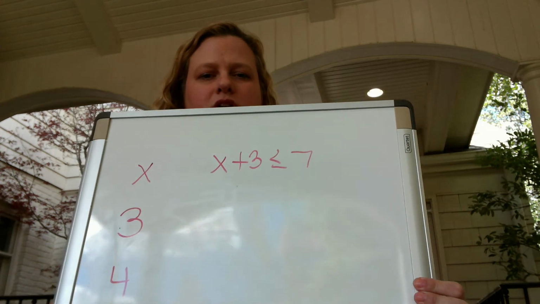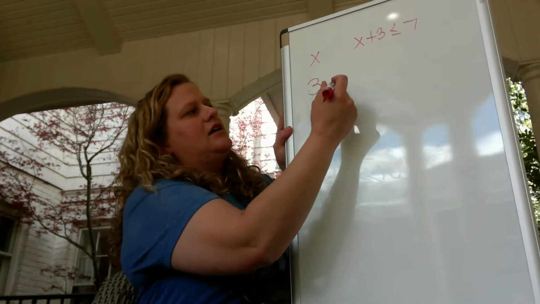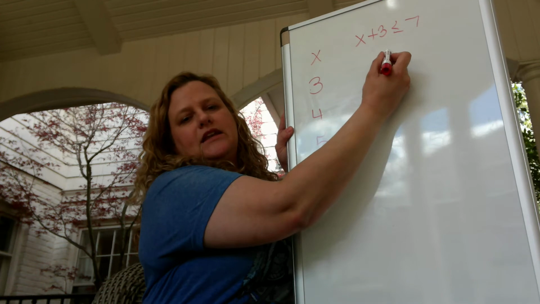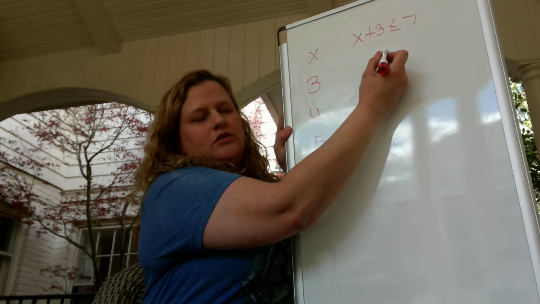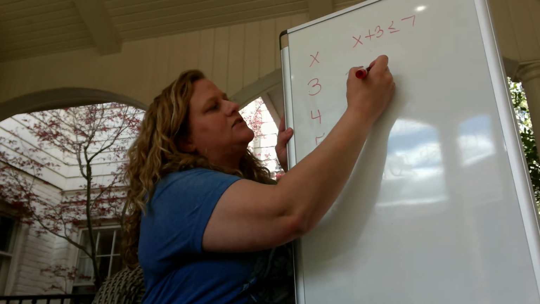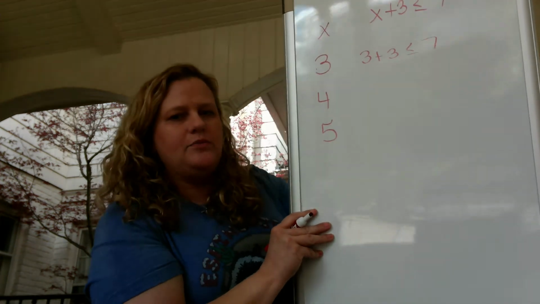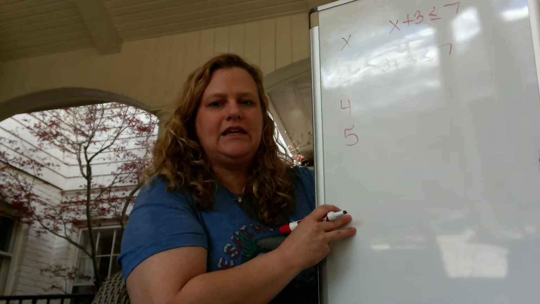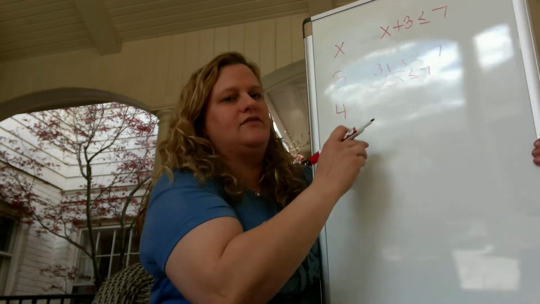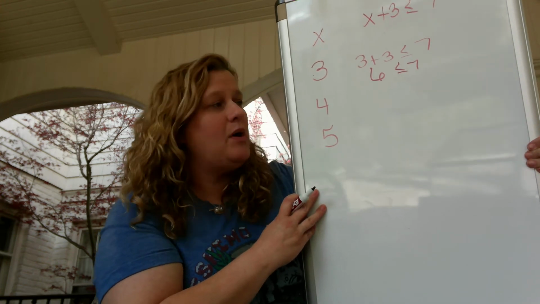Hopefully you see that in your book. And basically it says, could I put 3 in for x and this inequality be true? So if I substituted 3 for x, it would be 3 plus 3 is less than or equal to 7. Well, 3 plus 3 is 6, is less than or equal to 7. And that's true. So yes, this is a possible solution.